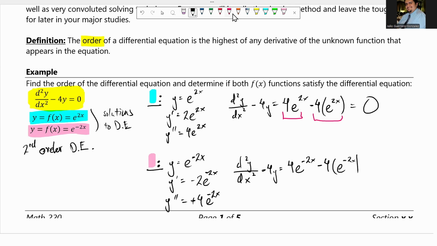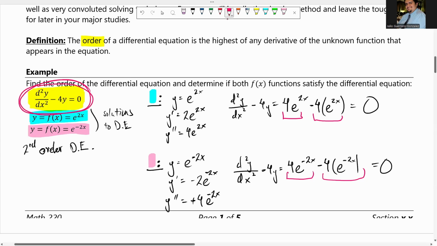Again, hopefully you see this. That's a positive 4, that's a negative 4 of the same amount, equal to 0. Exactly what the differential equation tells me it's supposed to be equal to. So I just showed that both the blue and the pink highlighted functions are solutions to our differential equation.